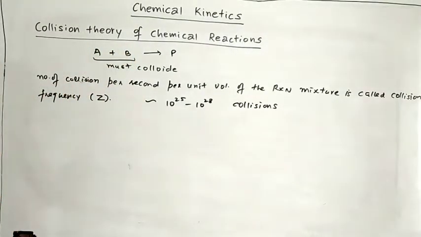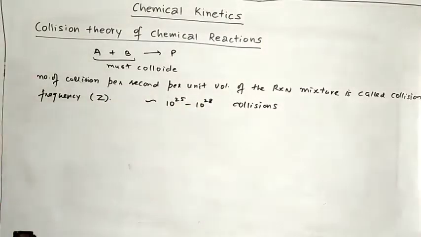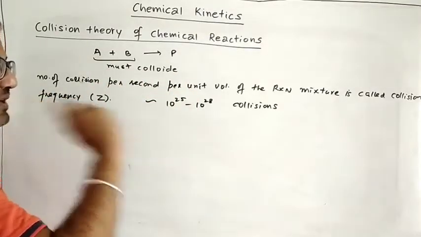Means अगर सारी की सारी collisions से product बन रहा हो तो reaction बहुत fast होनी चाहिए because this is a very large number. 10^25 to 10^28 collisions per second is a very large number.